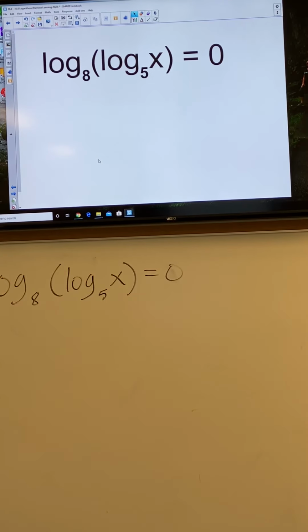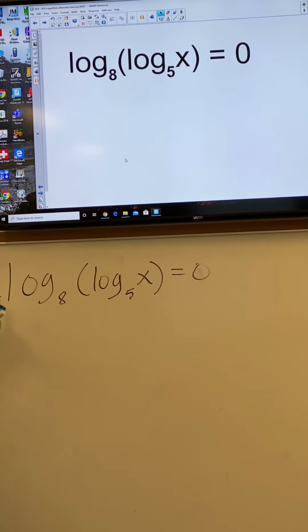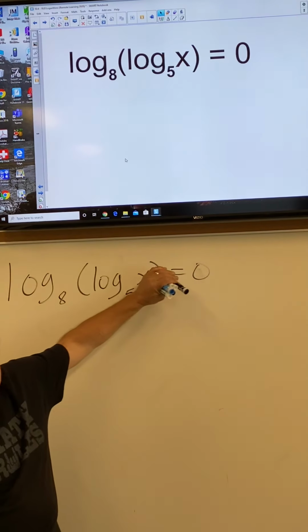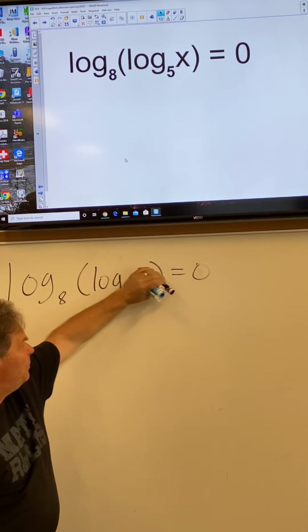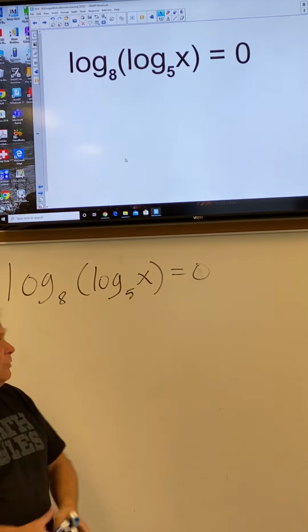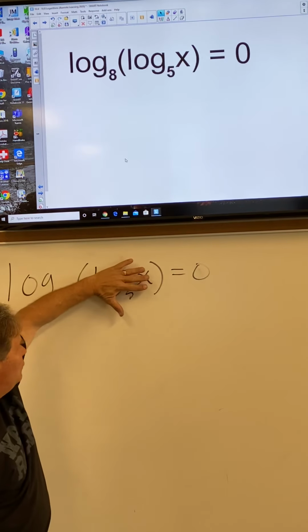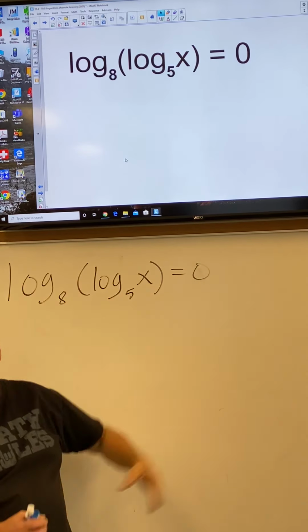What happens here? Well, notice, it's log base 8 of blah equals 0. So don't worry that this has a log in it. Let's just call it blah. So log base 8 of blah equals 0.